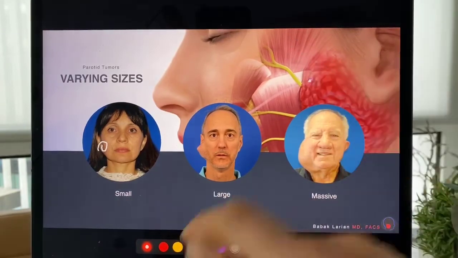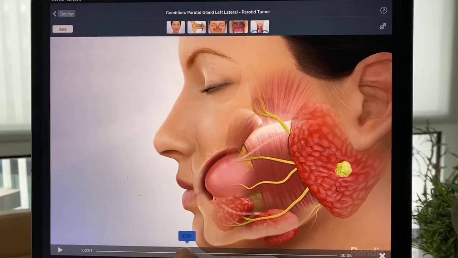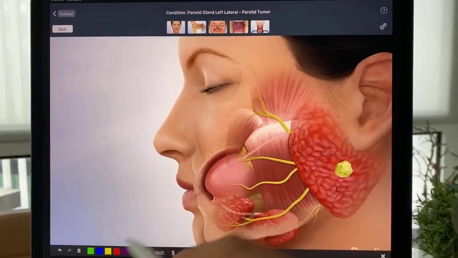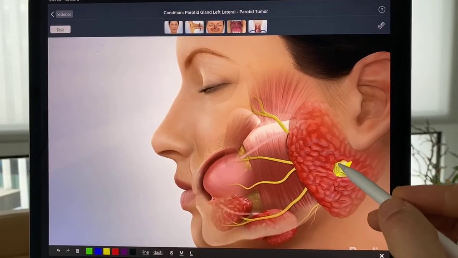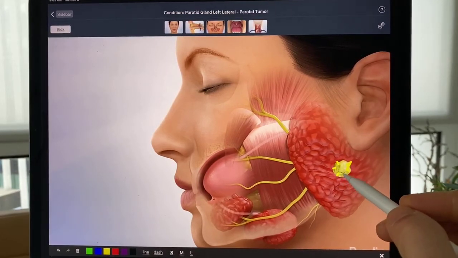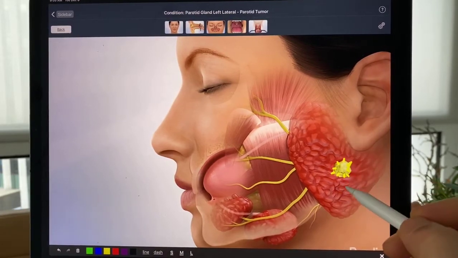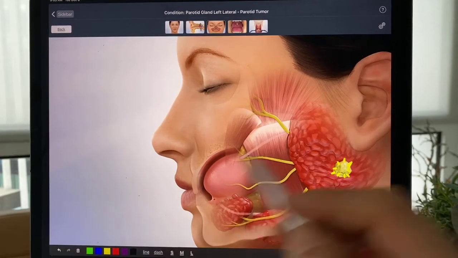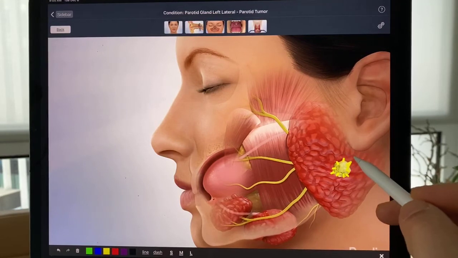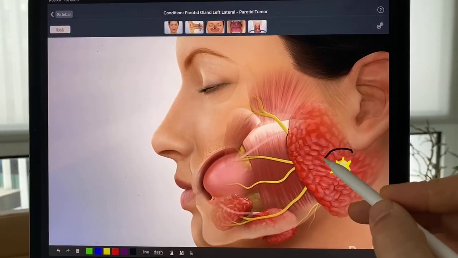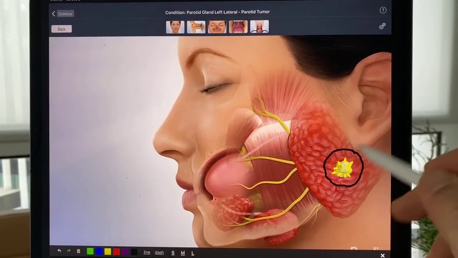So when you have a tumor that's, let's say, this big, it's possible that this tumor has tiny little legs that extend outside of the gland that are microscopic, right? And so when we remove cancers, we usually try to get as much of a margin as we can, right? So we usually try to get 1 centimeter, 1.5 centimeter margin around it, based on the aggressiveness of the tumor.